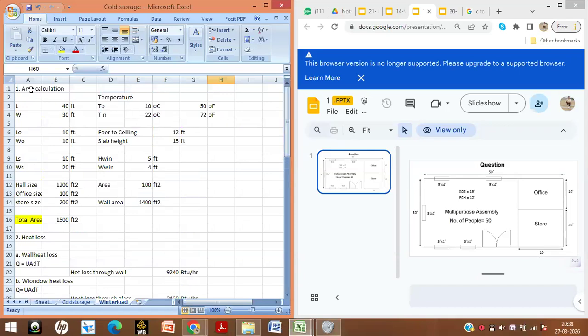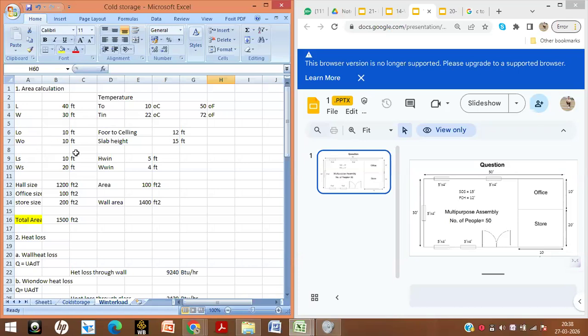I'll go quickly through this complete calculation one more time, and we'll see. So what we have done is we have listed out what will be our length and width for different rooms. Like we have a multi-assembly room, an office room, and a store room that we have noted down here, and we assume a temperature condition like outdoor temperature is 10 degrees Celsius, and I want indoor temperature to be 22 degrees Celsius.